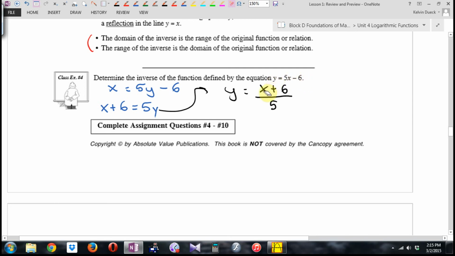That means if I put a 29 in here, I should get a 7. What's 29 plus 6, divided by 5? 7. Works. That's one of my built-in error checks, especially if it's a very complicated equation and I'm not sure if I did it right. I'll plug in a couple of numbers into my original, get answers. I'll plug the answers into my inverse. I better get the original numbers back. If I don't, I've goofed.